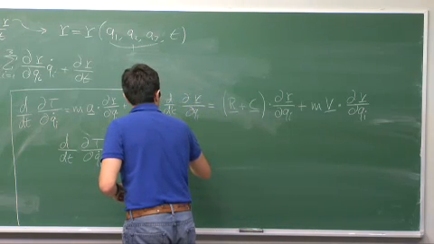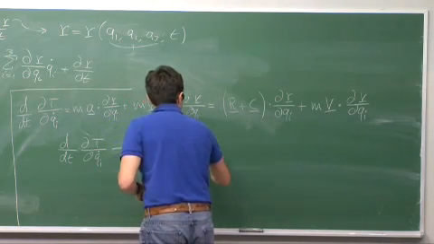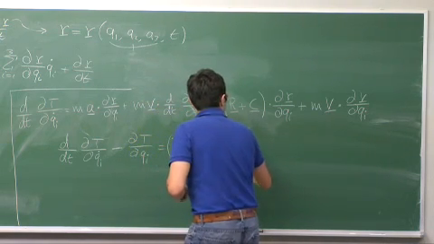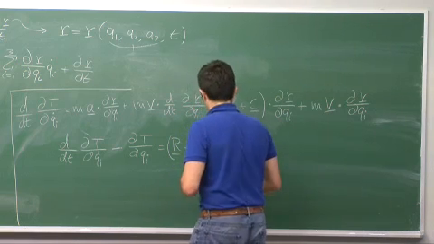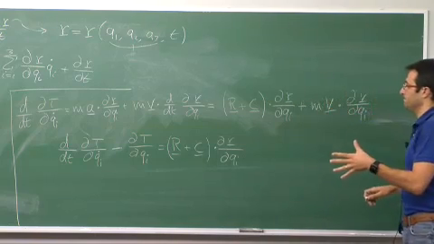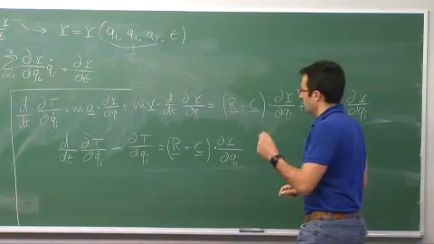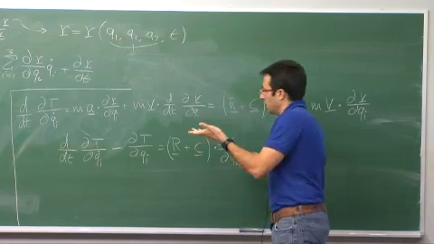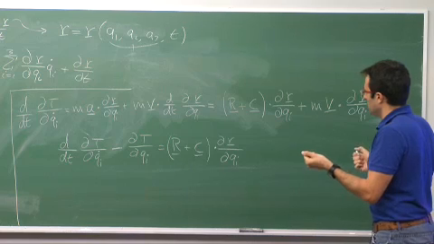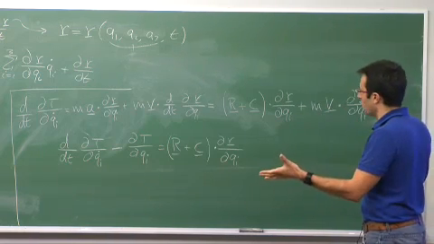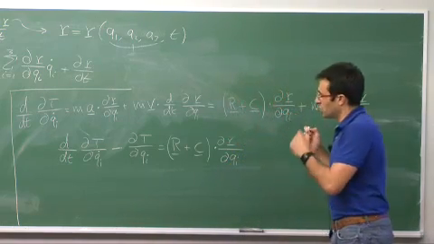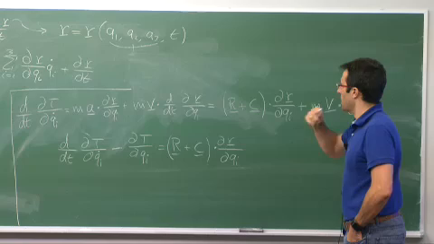That's r plus c, dr dqi. This is a dot product here. OK. So what I'm going to do now is manipulate it even further. I'm going to multiply the whole equality times a virtual change in one of the generalized coordinates q, and then sum over all of them.